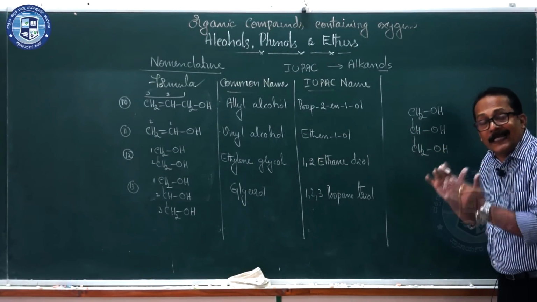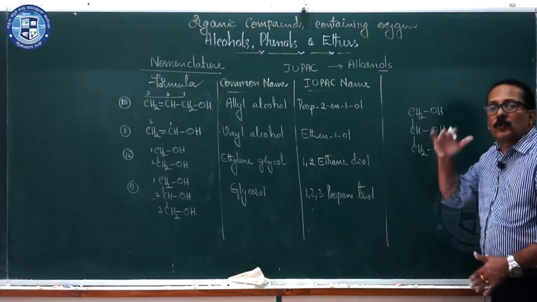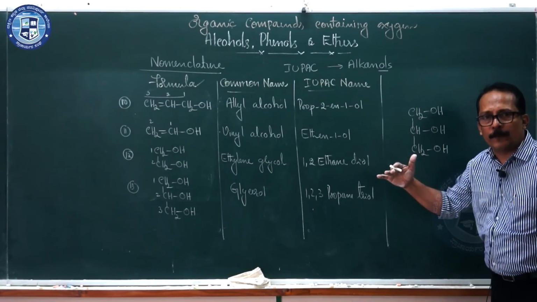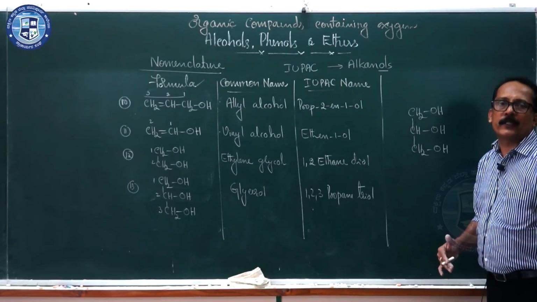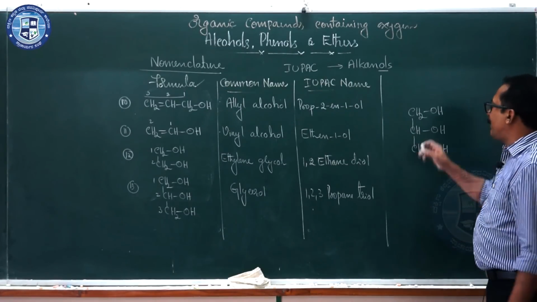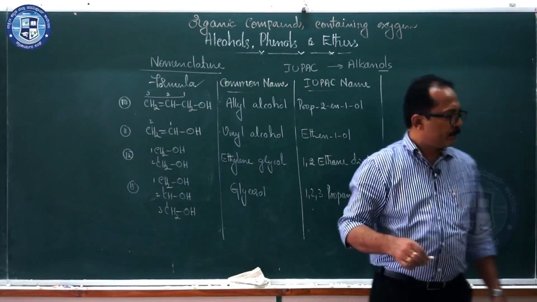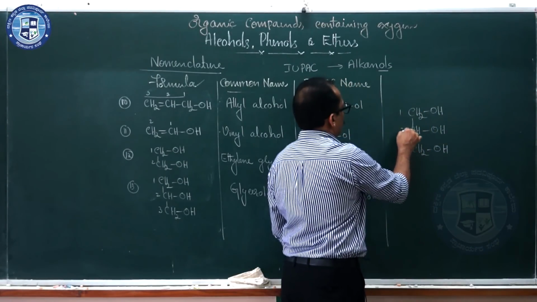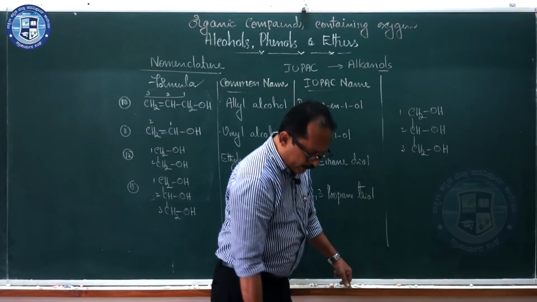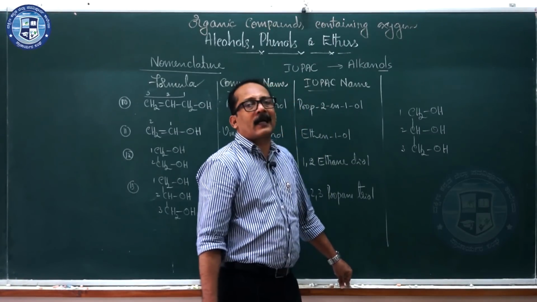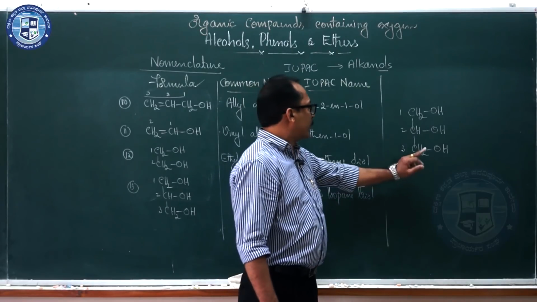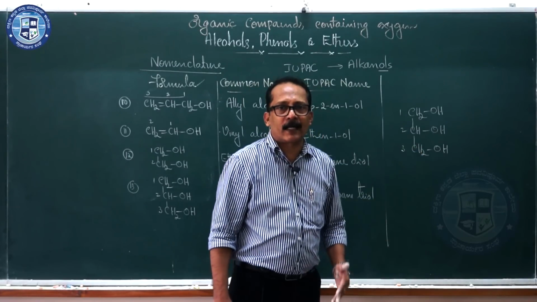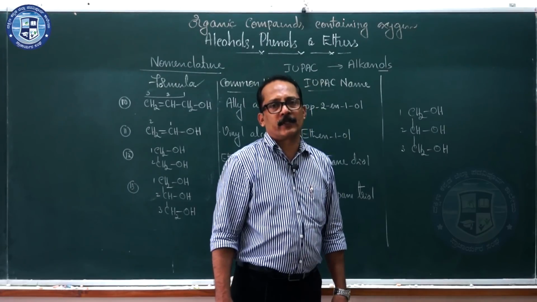If you number like this, 1, 2, 3, the OH groups on the first and third carbon atoms are primary hydroxyl groups, and the OH group on the second carbon atom is a secondary hydroxyl group.